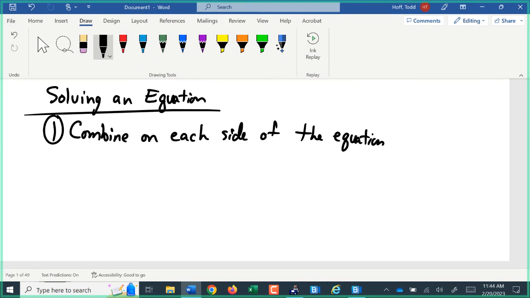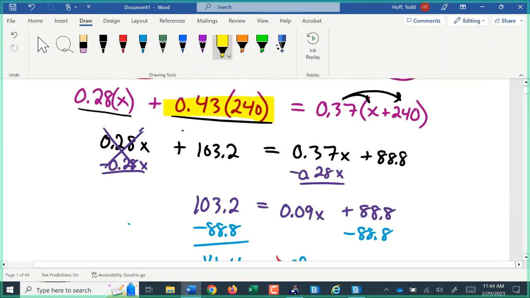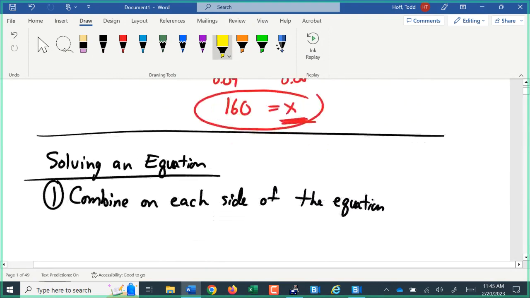So in the problem we just did, this was multiplying or combining like terms if we had them, doing any distributing that's necessary, combining whatever we can on each side of the equation separately.